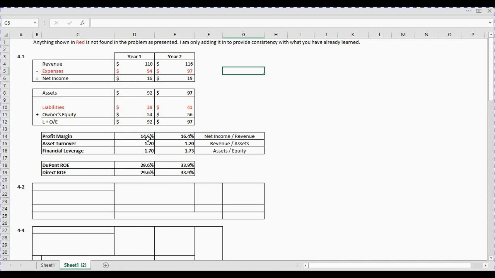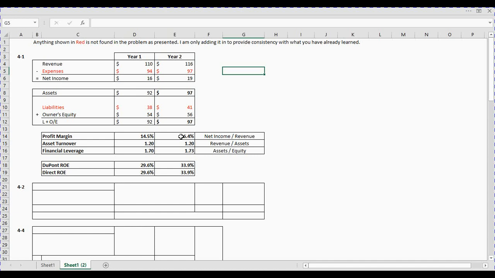So profit margin is simply the relationship between the bottom line, net income, and the revenue that we started with. As we can see here, year 1 was 14.5% in my version of the problem, increasing to 16.4%.